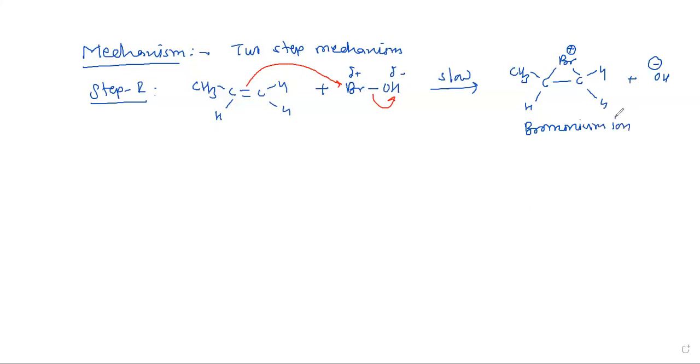In the first step, there is transfer of Br plus, or addition of Br plus across the carbon-carbon double bond, and a cyclic three-membered bromonium ion is obtained.